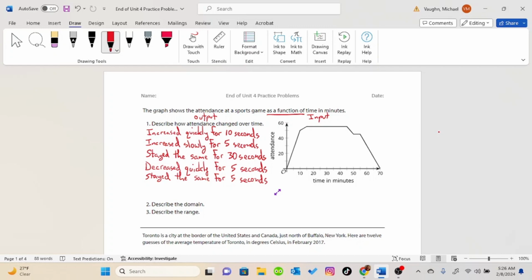So we'll say it decreased quickly, and it looks like it took about 15 minutes. So we need to make sure that we pay attention not only to what our input is representing, but what unit it is representing it in. This is minutes, not seconds.